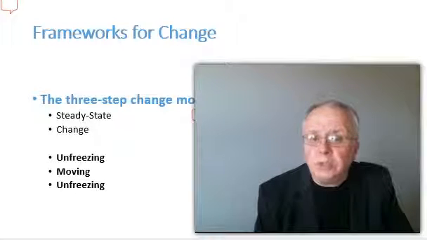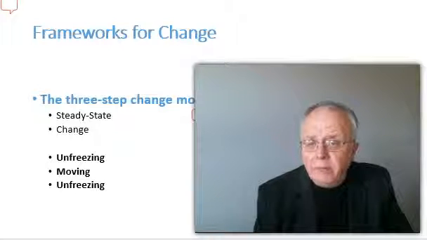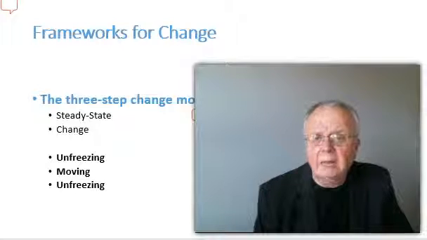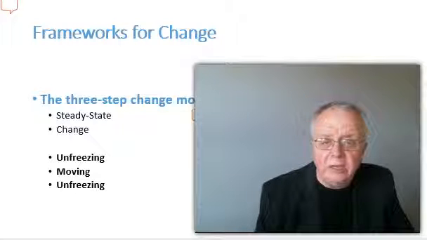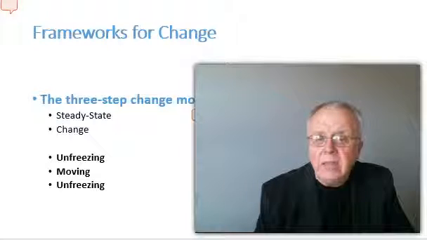Change comes when the forces for change push beyond the equilibrium and overpower the steady state. That's important. To change that state, one can increase the forces pushing for change, decrease the forces maintaining the status quo, or apply some combination of both.